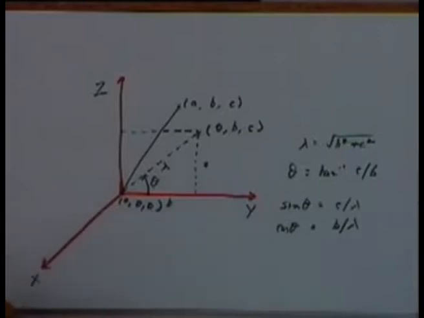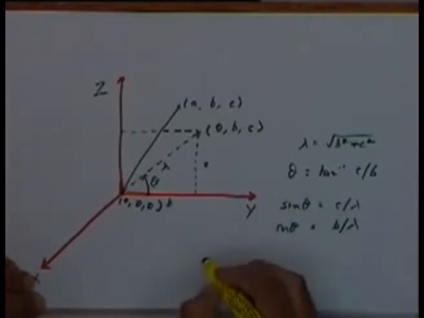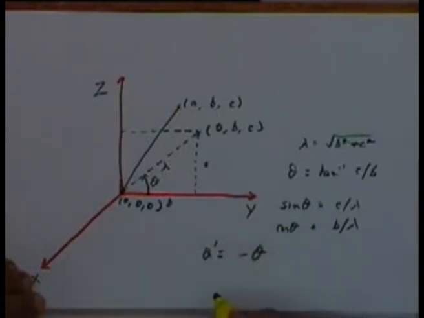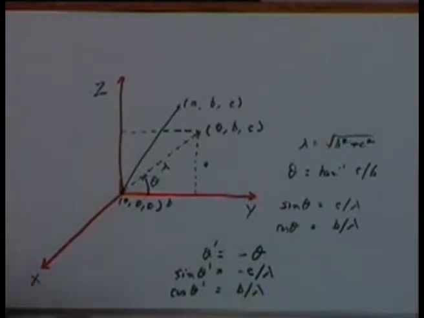If I have to rotate it by minus theta, for the sake of my transformation, let us say my theta prime for transformation is equal to minus theta. So I will get sine of theta prime equal to minus C by lambda and cos of theta prime equal to B by lambda.